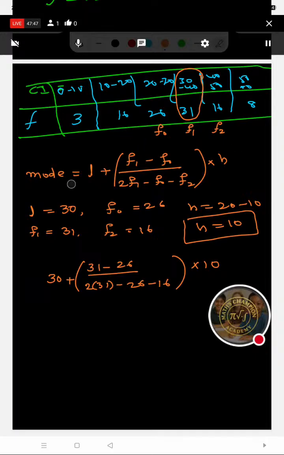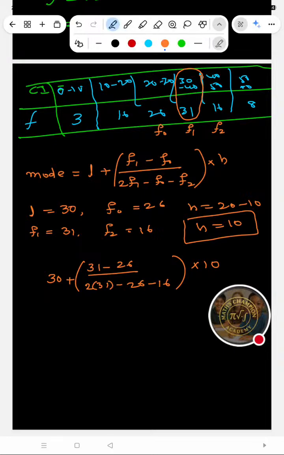First remember the formula and identify the highest frequency, the modal frequency.